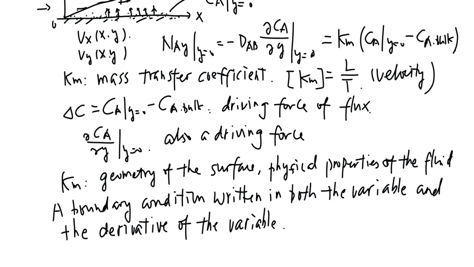Here we are just considering one direction, along y or along any direction I'm looking at. Then we have these three types of boundary condition.